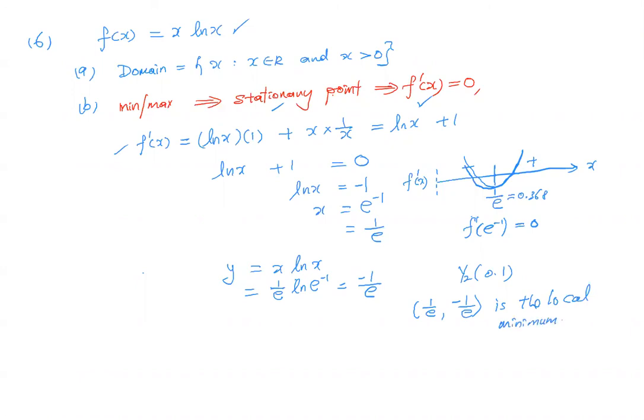Okay, so how am I going to prove that this is also a global minimum? This question you have to prove that (1 over e, -1 over e) is also the global minimum.